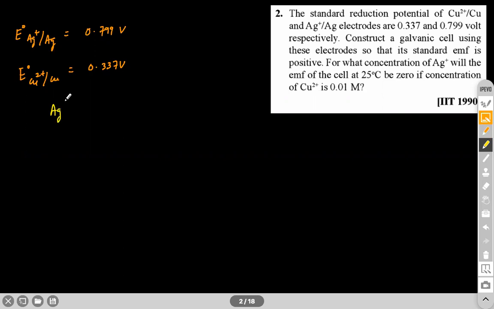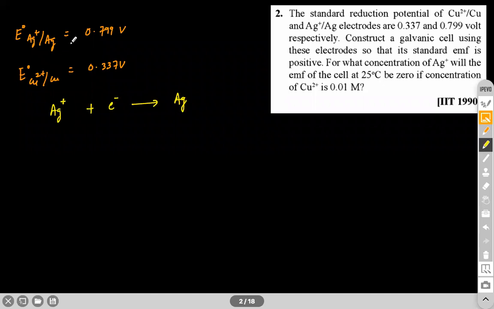Ag+ plus 1 electron gives Ag, and this is a reduction, correct?